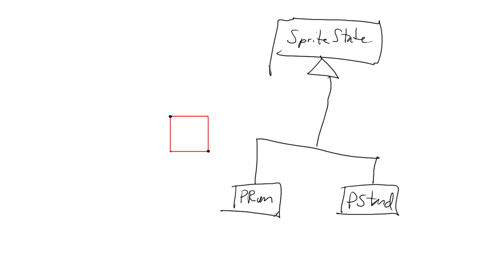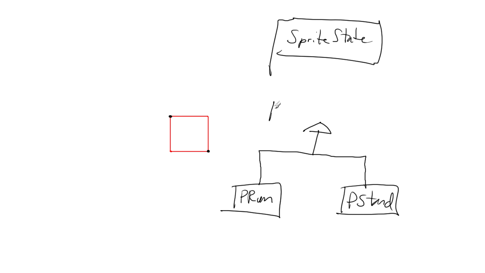So we could implement that function in here and in here, but it's going to be exactly the same. So what else could we do? Well, we could do something a little neat here. We could say, player running and player standing have a common feature: they're both states which only move horizontally.